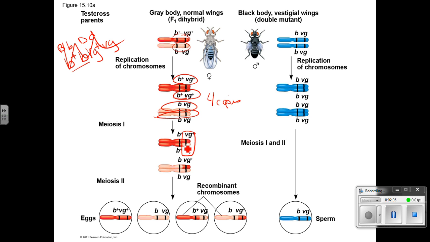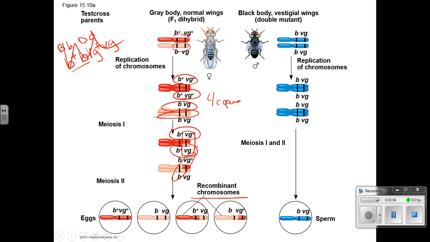So now the big B and the vestigial wings here, but the big B and the, well, this is the dominant wild type normal wing, sorry. The gray body and the normal wings, but now we've got the gray body and the vestigial wings together. And you can see the crossing over that results here. So this is okay. Recombination happens, and you've got all of these options.